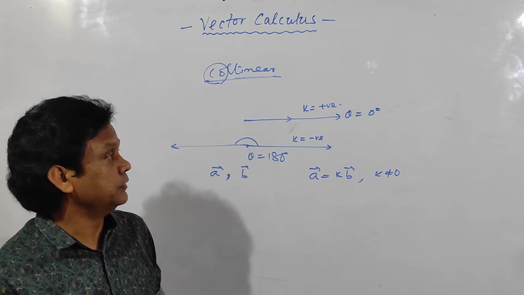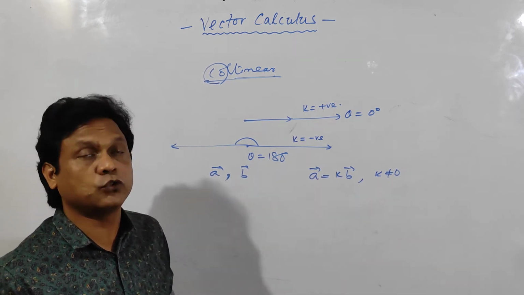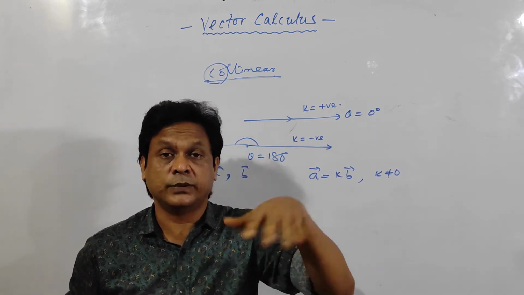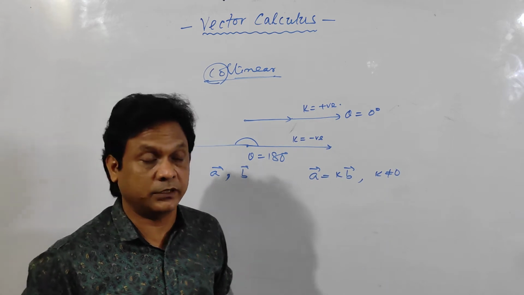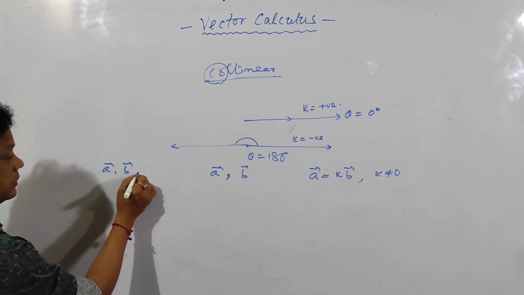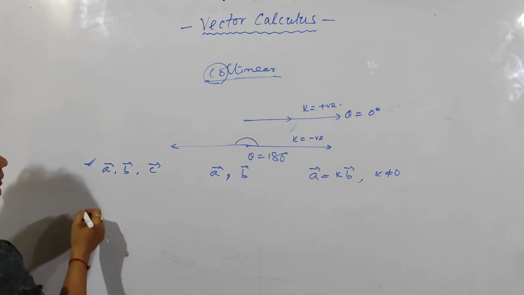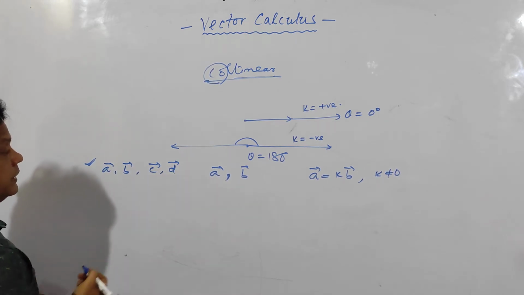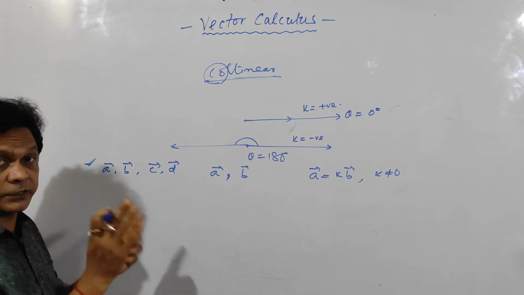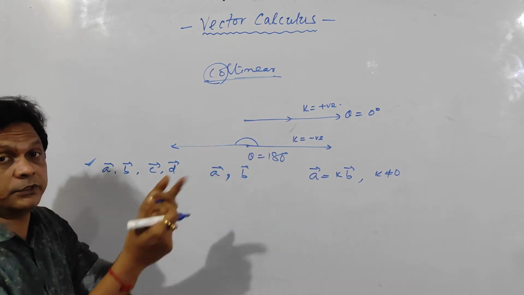And now tell me, what is the definition of coplanar vectors? 3 vectors or 4 vectors or 5 vectors. Under what condition are they said to be coplanar? See here, I am taking A vector, B vector, C vector, 3 vectors, or another vector, D vector. They are said to be coplanar if any one vector can be expressed as the linear combination of the other vectors.